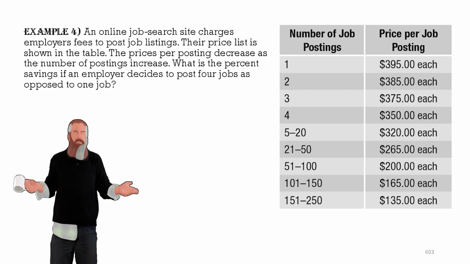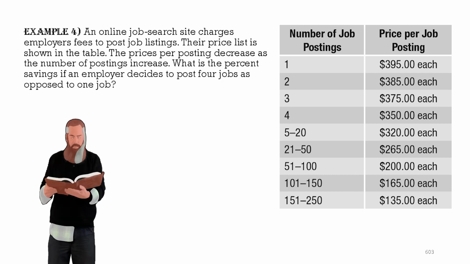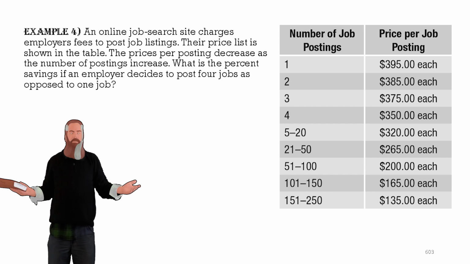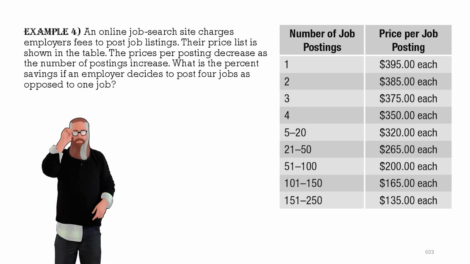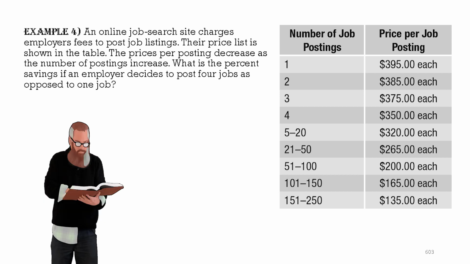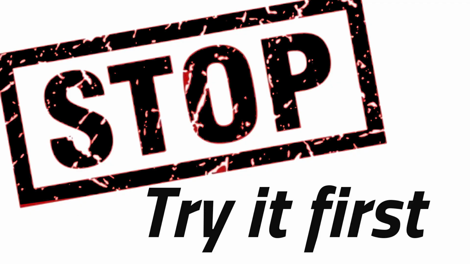An online job search site charges employer fees to post job listings. Their price list is shown in the table. The price per post decreases as the number of postings increase. What is the percentage of savings if an employer decides to post 4 jobs as opposed to 1?